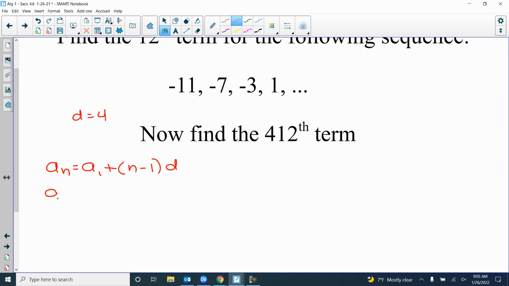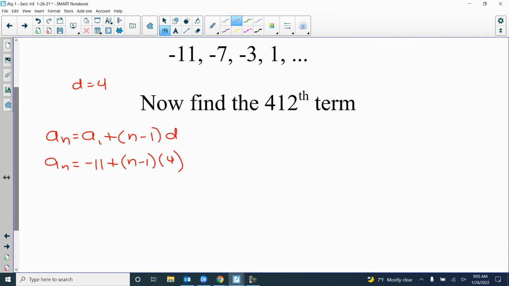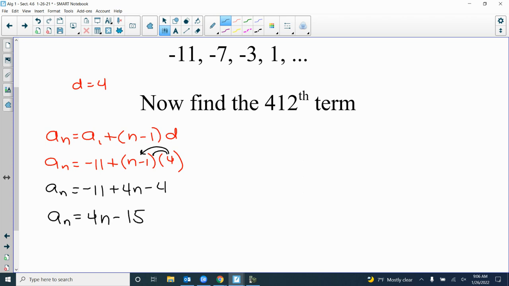So now a sub n will equal the first term, which is negative 11, plus n minus 1 times positive 4. So that's going to give me a sub n equals negative 11, distribute the 4, plus 4n minus 4. And now I get 4n minus 15, it looks like.